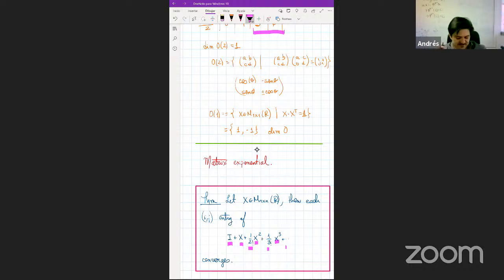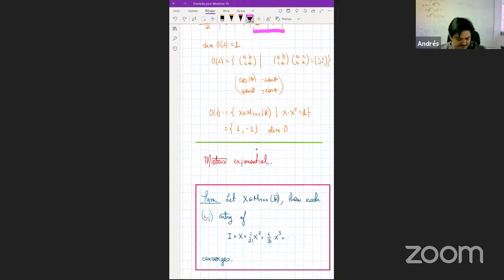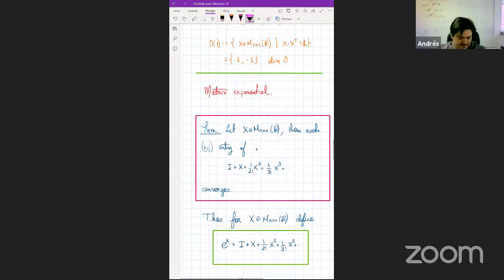For each entry, I have a power series. And it so happens that each of the entries converges. And that's how the exponential of a matrix is defined. In particular, so far, we can only say that it is, again, a matrix.